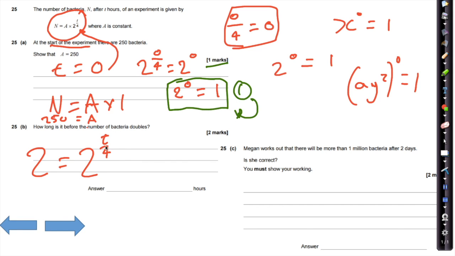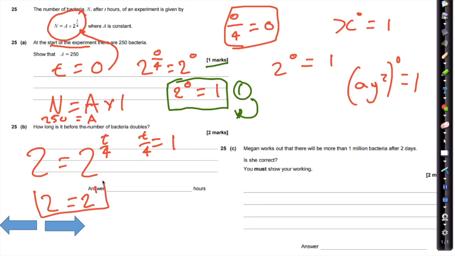We want to work out how long it is before the number of bacteria doubles. So 2 equals 2 to the power of t over 4. That means t over 4 must equal 1, because 2 to the power of 1 is 2.